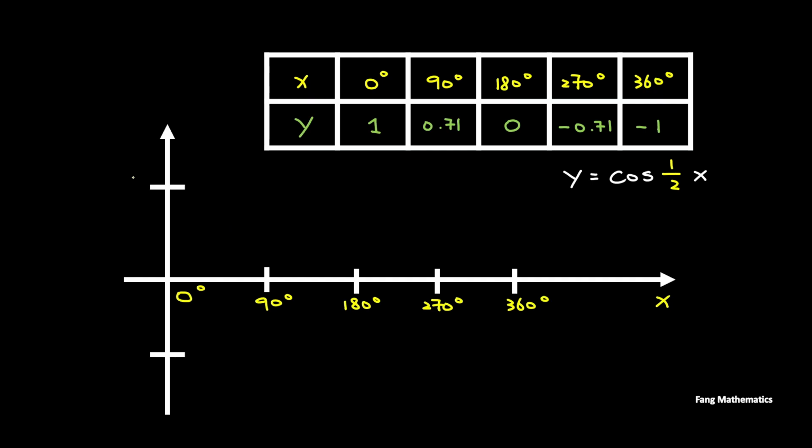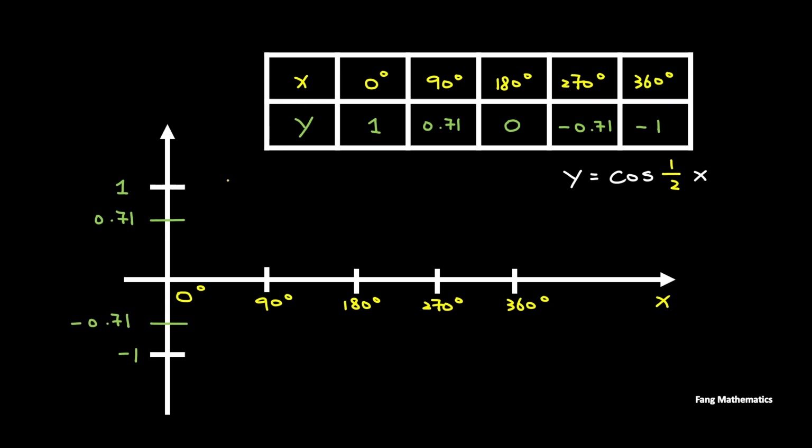And now we are to mark the y-axis 1 and minus 1 as the amplitude. But if you are to look at the question, you have the 0.71. We would also like to mark that, so let's mark it. And minus 0.71.